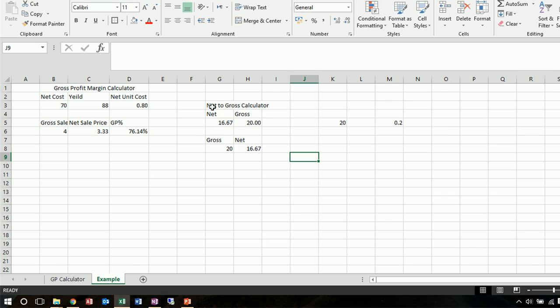Okay, so that is a really simple net to gross and gross to net calculator. And we can write some stuff in here just to make it nice and neat. So rate of VAT, and then we can use the merge and center tool there, and then we put VAT rate, and then we can put a little percentage sign there.